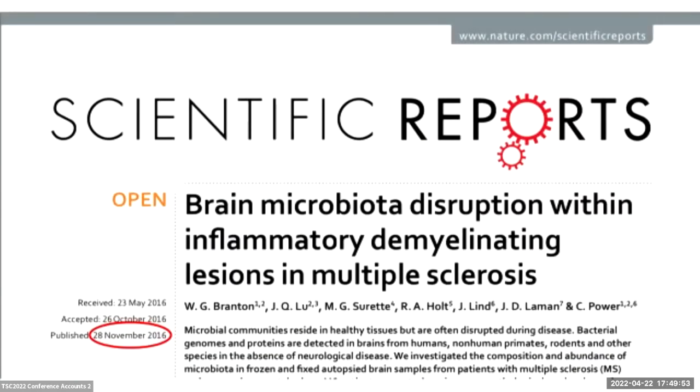Now, about 3 years later, in 2016, it was observed that the brain microbiome changes with disease. So there is a dysbiosis in the brain microbiome, just like there is dysbiosis in almost all other human diseases, from the gut to the skin. Every time there is a disease, there is a concomitant dysbiosis.